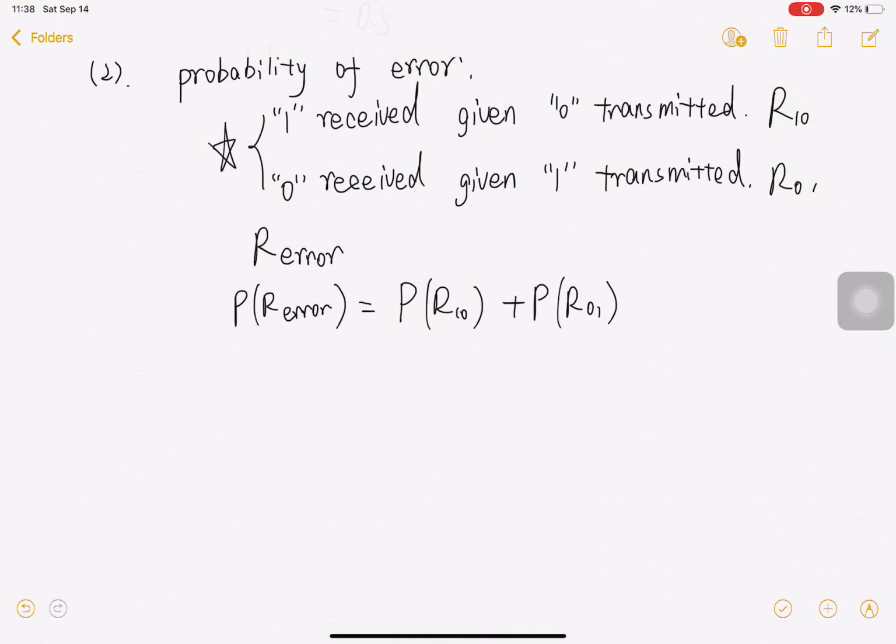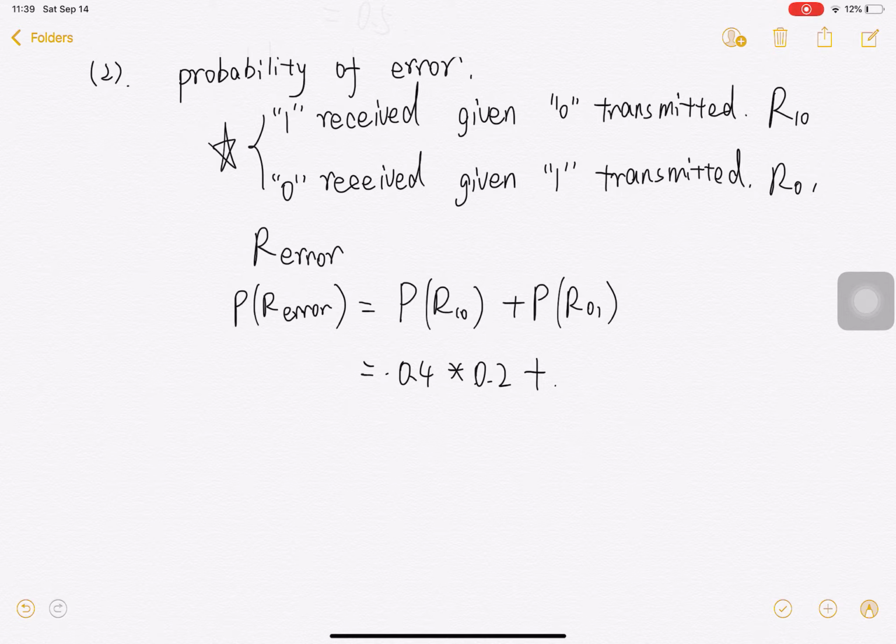Also let's find the numbers we need here. The first, the probability of R10, is the probability of 1 transmitted, which is 0.4, times the probability that 0 is received and 1 is transmitted, which is 0.2. Yeah, it's the same as the first question.